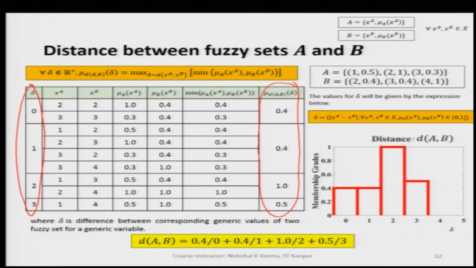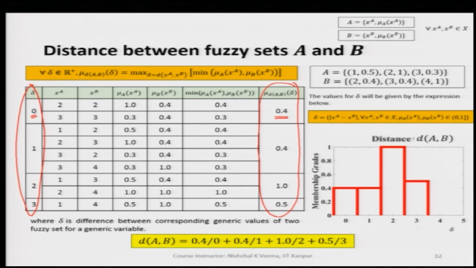So, we take these two entries, the delta entries and the corresponding membership values, the first column and the last column. We see that delta is equal to 0 gives us mu d a comma b of delta 0.4.